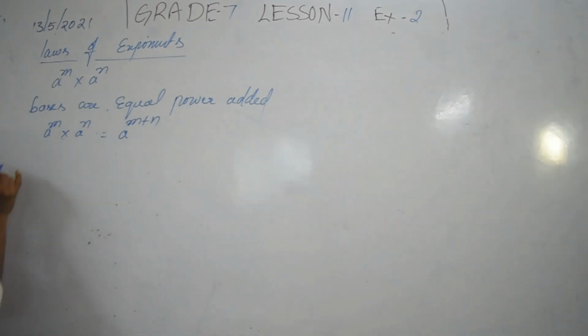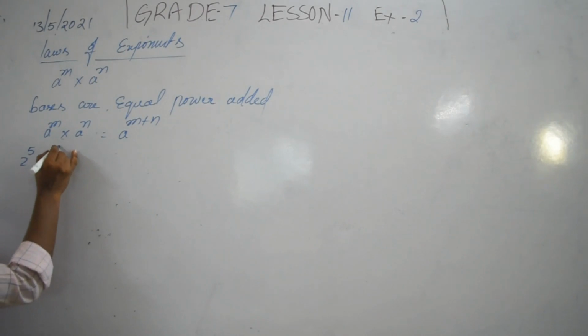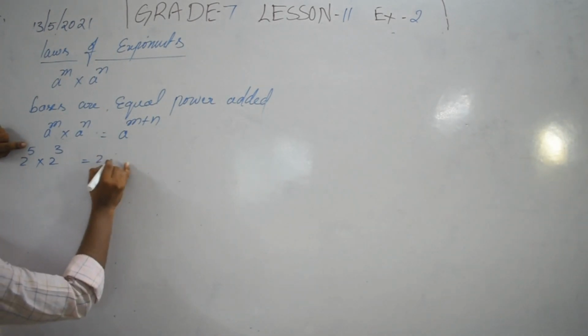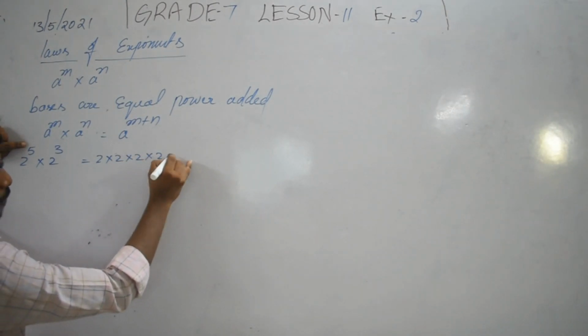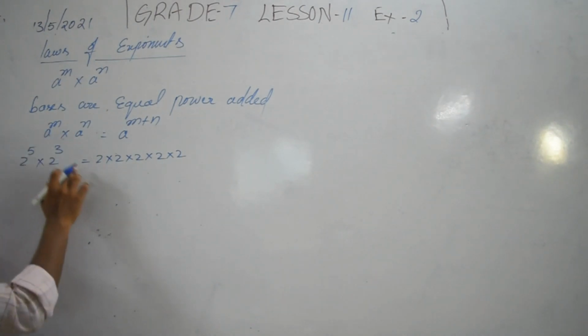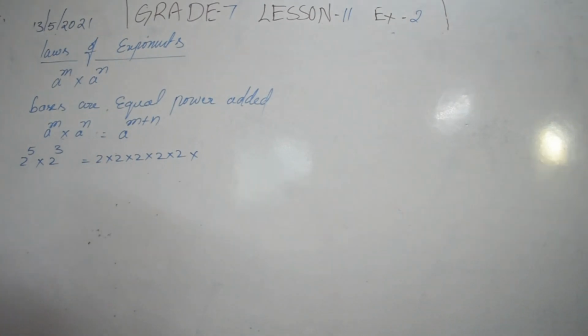Like a problem, 2 power 5 cross 2 power 3.